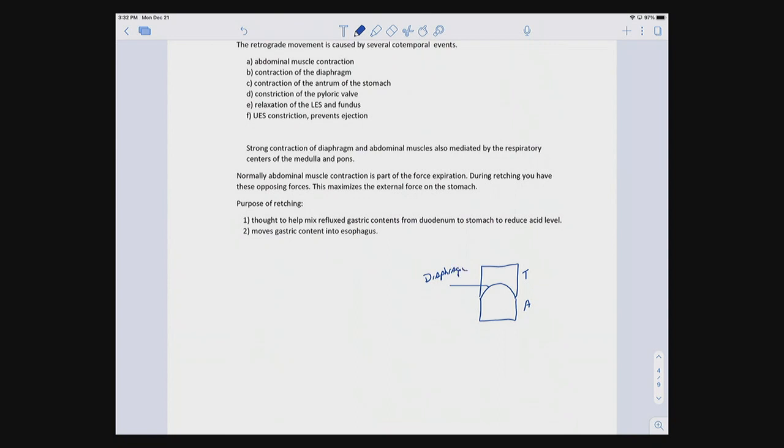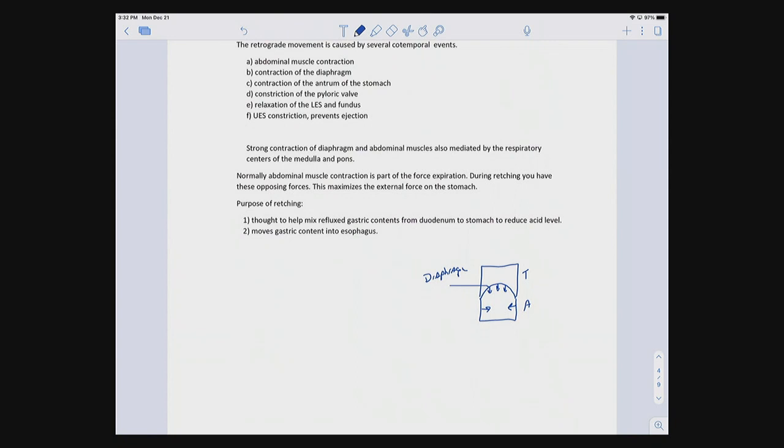What is happening? Now I'm going to have simultaneous contraction of the diaphragm and the abdominal muscles. Again, that's not what happens when you're doing a forced exhalation. So if I am sending a signal to where now I am contracting the diaphragm, so it's going down, and I am also contracting my abdominal muscles, you can look and see where the forces are going.